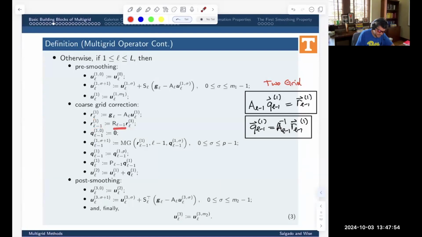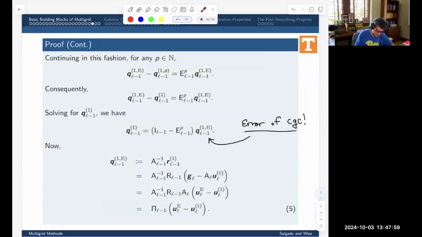So it's the restriction matrix times that residual on the fine grid. Next, well, this is a residual equation. Remember, we have what's called the error residual relation, or the error residual equation. So anytime we have a residual, just think there's some error associated to that through the error residual equation. This then is here.